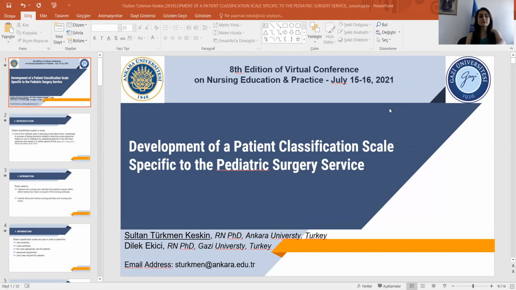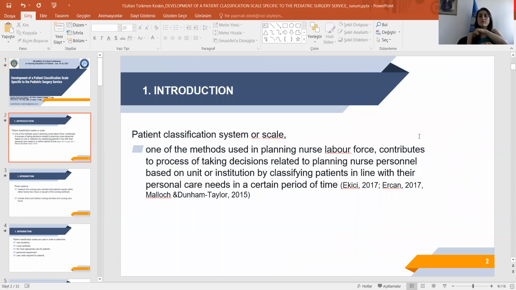Patient classification tools, one of the methods used in planning the nurse labor force, contribute to the process of making decisions related to planning nurse personnel based on units or institution by classifying patients in line with their personal care needs in a certain period of time.